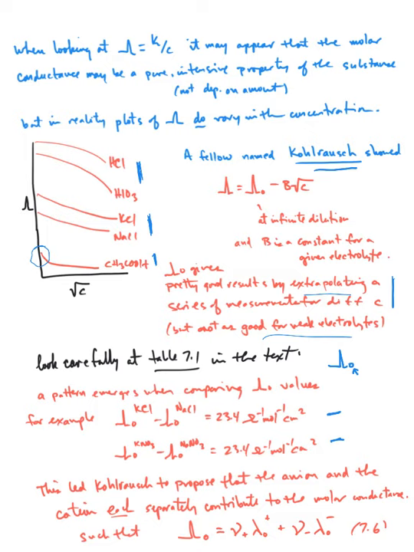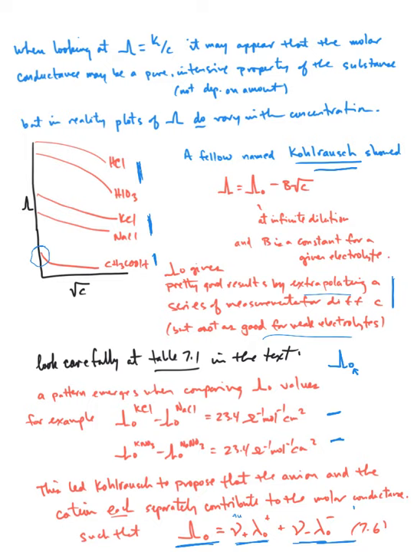And this is what he proposed, essentially equation 7.6, that the overall molar conductance at infinite dilution was going to be a sum of the contribution of each of the ions. The little nu here, another Greek letter, that's the number of ions of that type. And the lambda, the lowercase Greek l, that's the molar conductance of that ion.